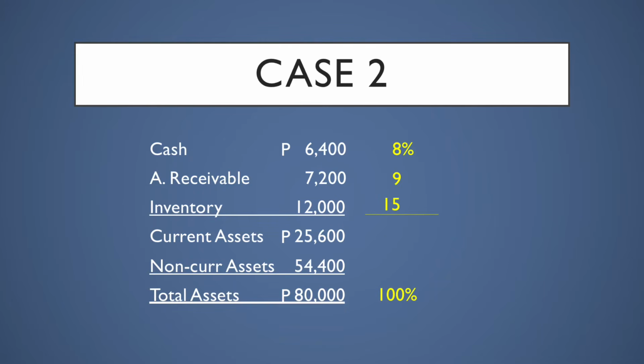The total current assets is 25,600 or 32% of 80,000. Non-current assets is 54,400 divided by 80,000, that would be 68%. At this point, we were able to identify the breakdown and what proportion of the total assets are the particular items. In the next video, we are going to talk about ratio analysis.